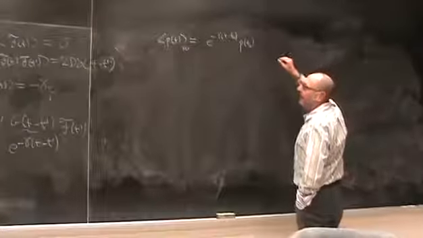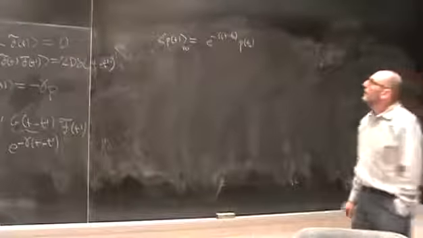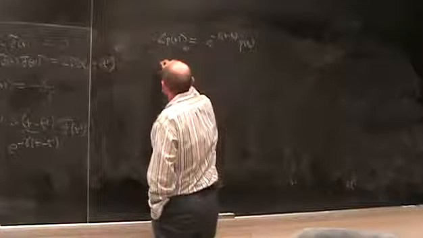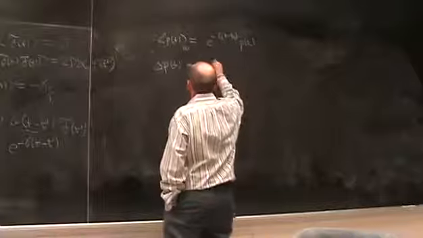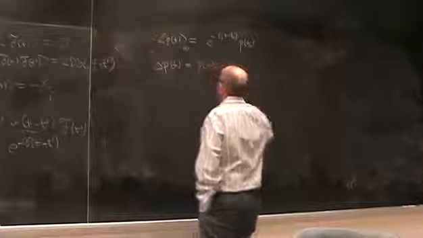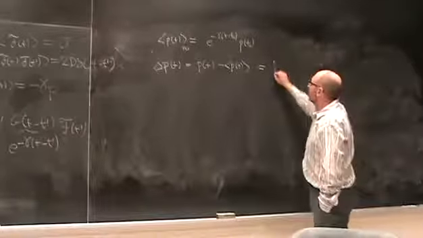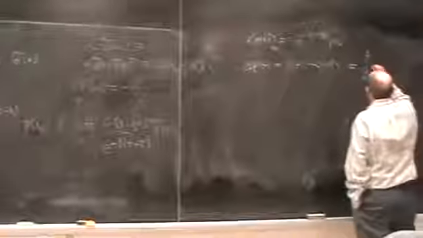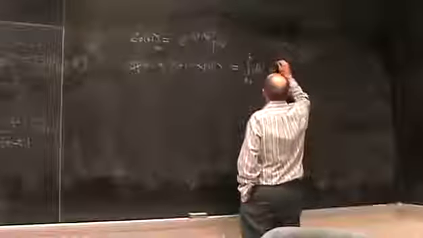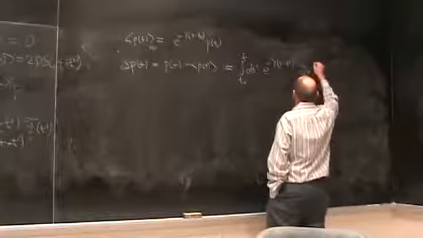That's fine, and that's it, because the force has mean 0. And we can look then at delta P, which is P minus the mean. That is random. That's given by the integral from t0 to t, dt prime, e to the minus gamma (t minus t prime), the force.